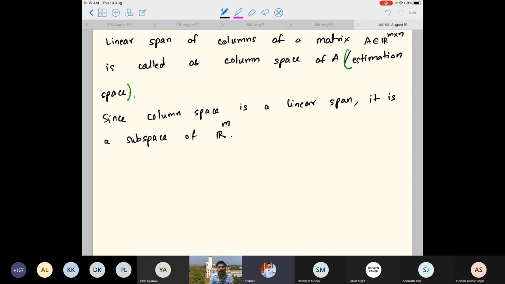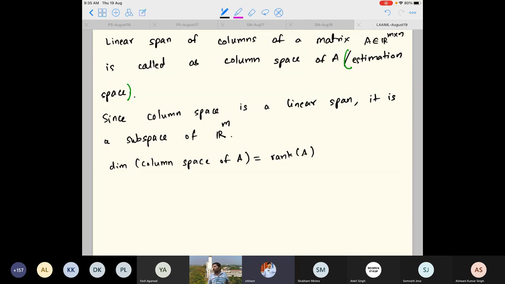Because it's a finite dimensional vector space, and a subspace of a finite dimensional vector space is also finite dimensional, the column space will also be finite dimensional. The dimension of the column space of A is actually called the rank of the matrix A. So that is something that is very important.